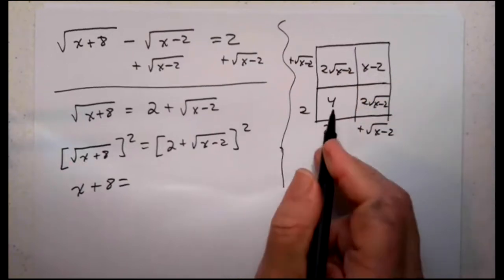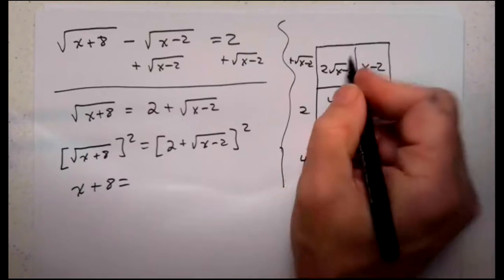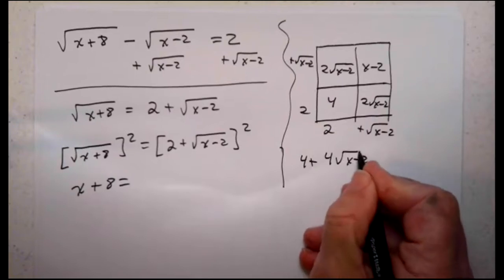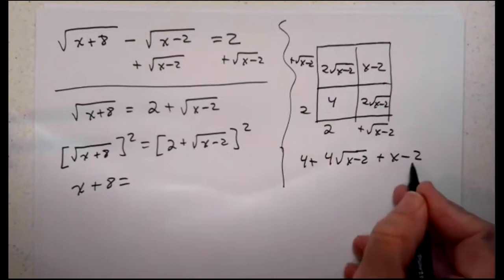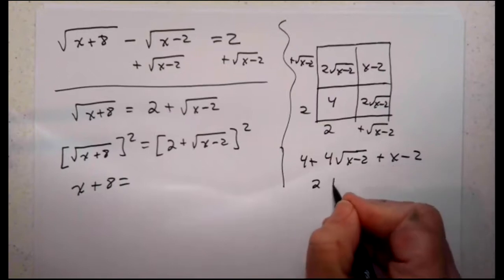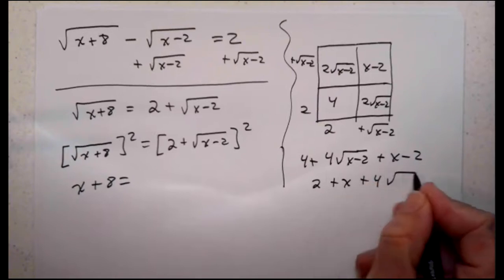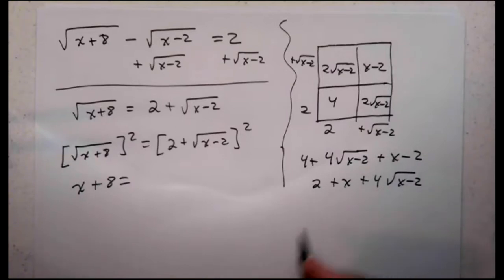So if I add those together, I get 4 plus 2 root x minus 2 and another 2 root x minus 2 is 4 root x minus 2 plus x minus 2. So 4 minus 2 is 2 plus x plus 4 root x minus 2. That's what that right-hand side becomes.